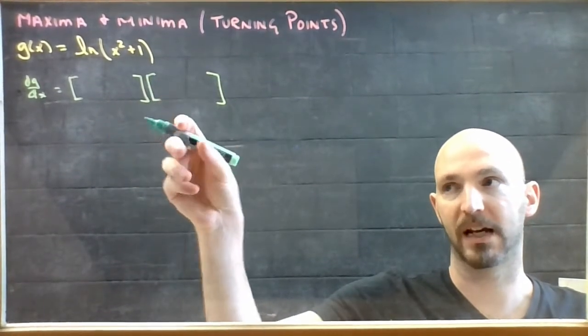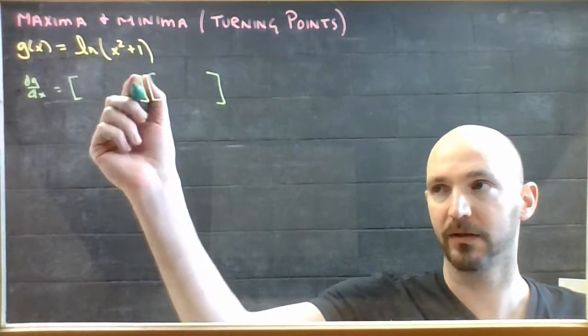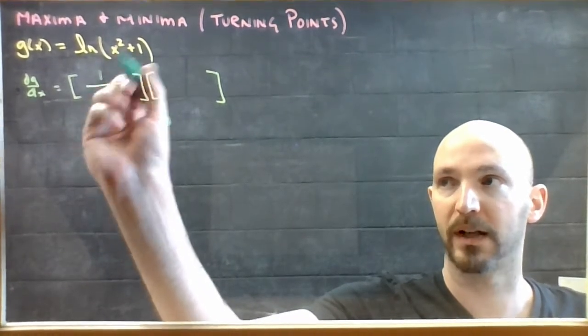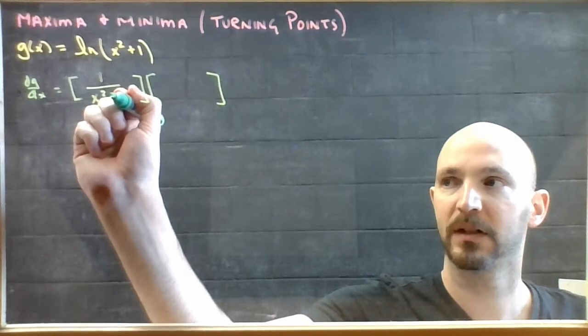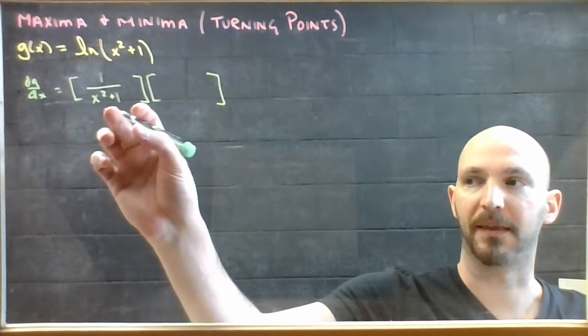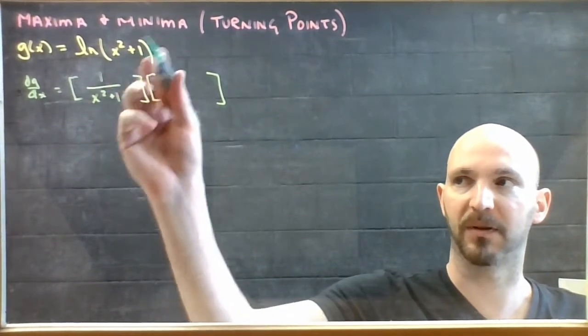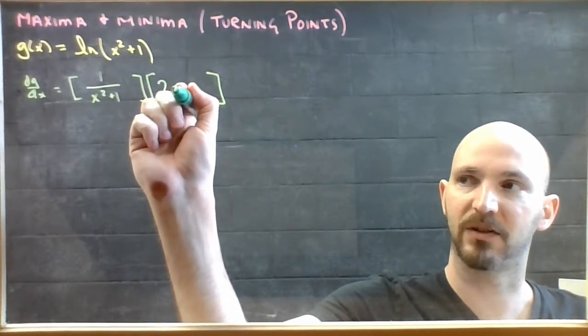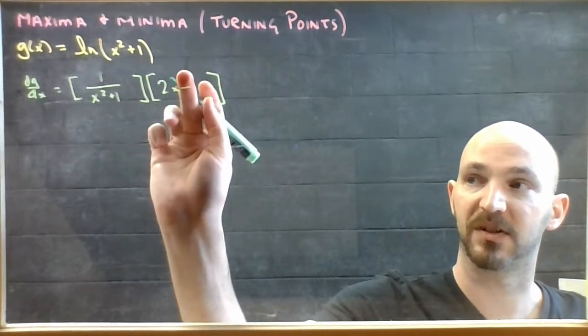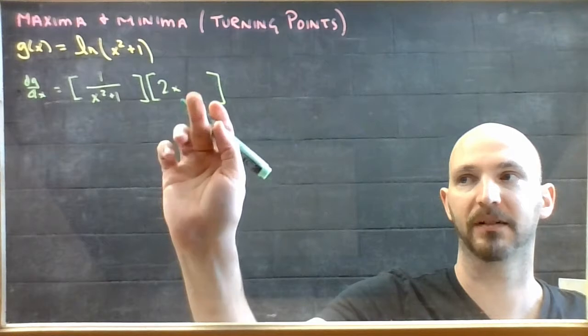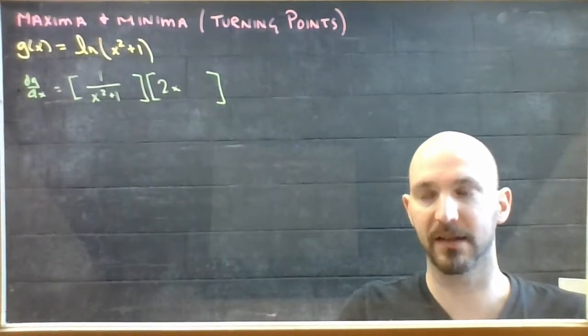Working from the outside in, the derivative of a ln is 1 over whatever's on the inside. And then the next layer in is an x squared plus 1. The derivative of that is 2x, just 2x. 2x plus nothing. Right? Derivatives of constants are just 0.